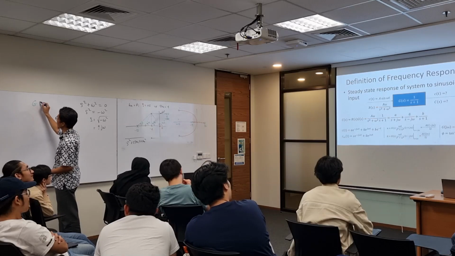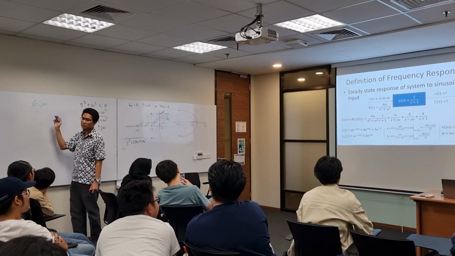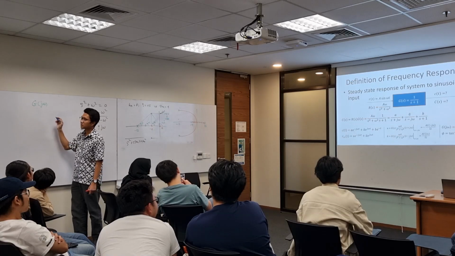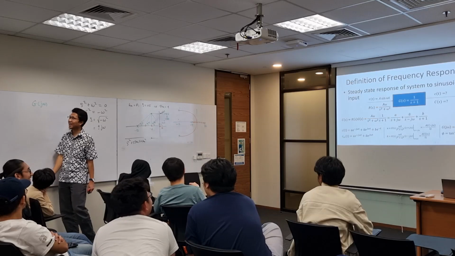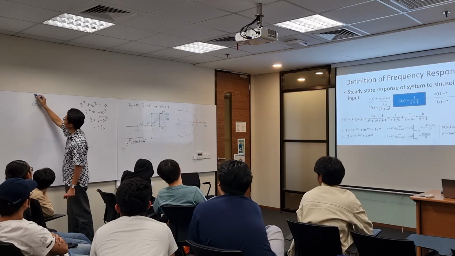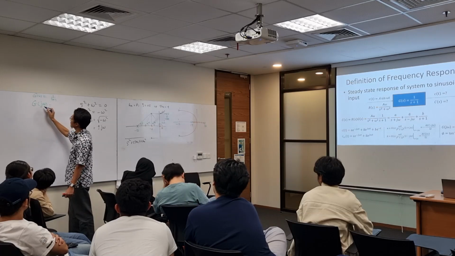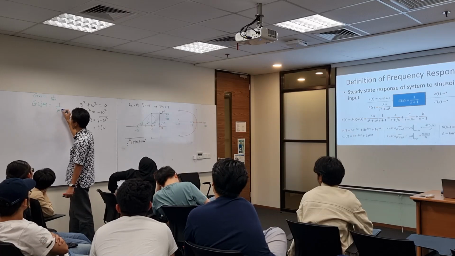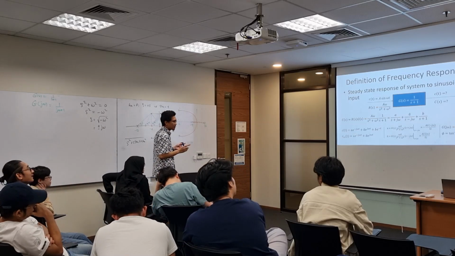We put j omega into G. So if G of s is 1 over s plus 1, then this is 1 over j omega plus 1. You just replace s with j omega.